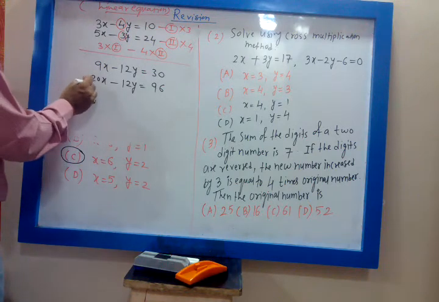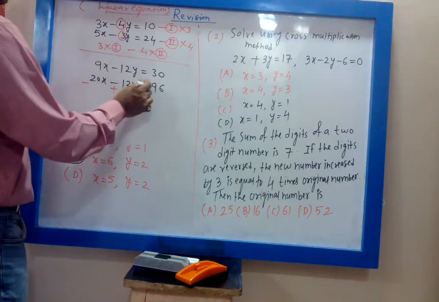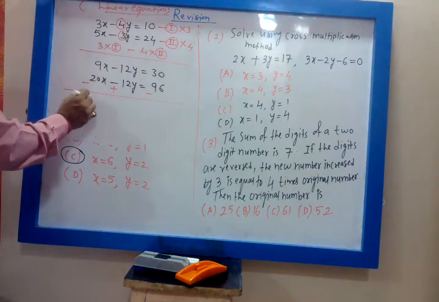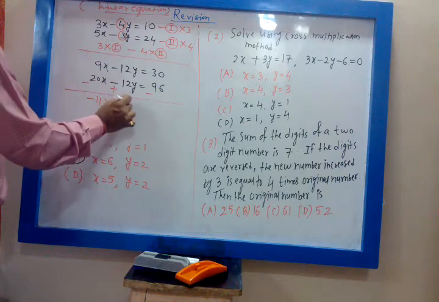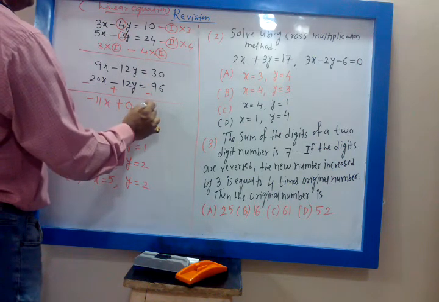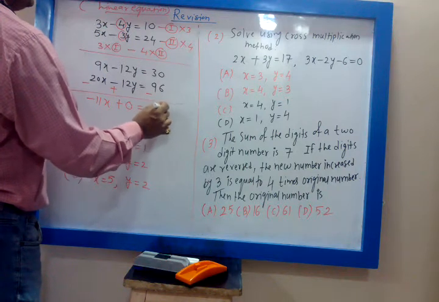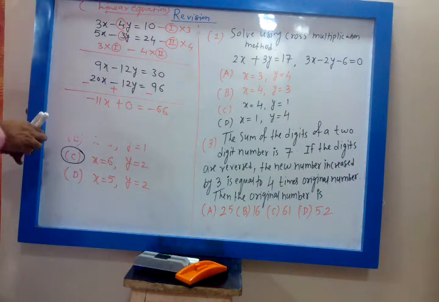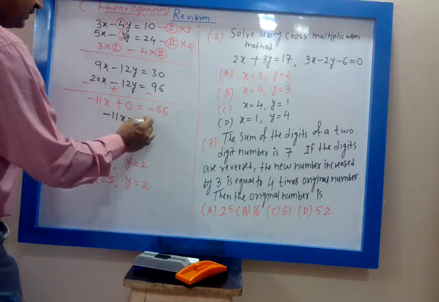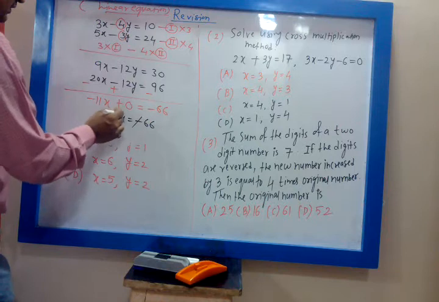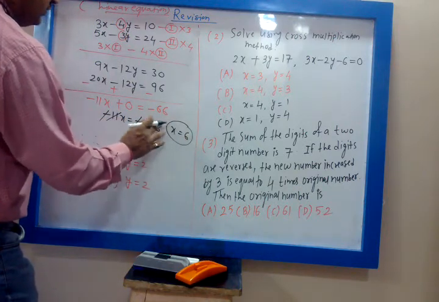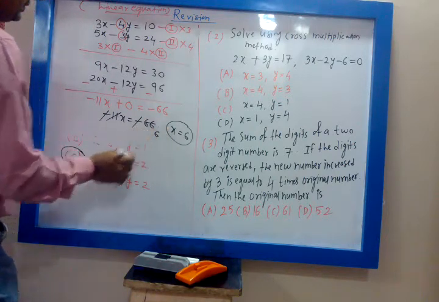Let us solve this. 9 minus 20 is minus 11x plus 0 is equal to 30 minus 96, that is minus 66. So minus 11x is equal to minus 66. Minus minus get cancelled. 11 sixes are 66. So x is equal to 6.